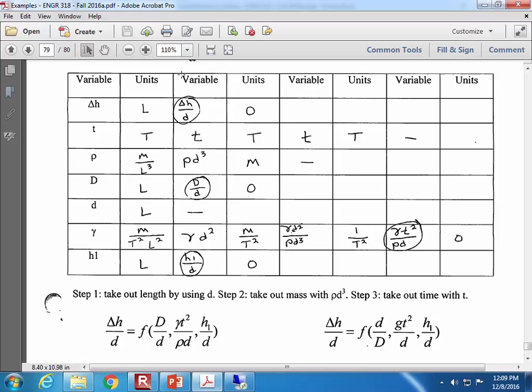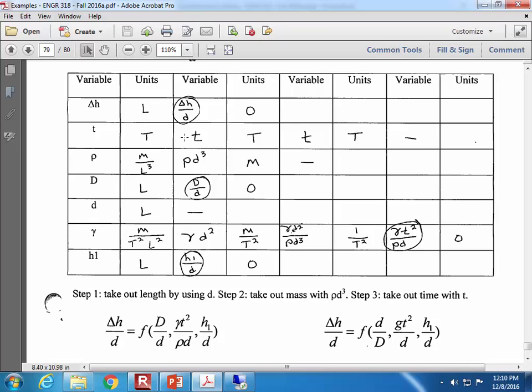And so the thing I did in the first step was I canceled out diameter. I used diameter to cancel out length. And so this is going to be the tool that I use to simplify the units of other expressions. Everywhere there was a length term, I'm going to divide or multiply by d to get it canceled out. So here, that meant dividing by d, and that's unitless.